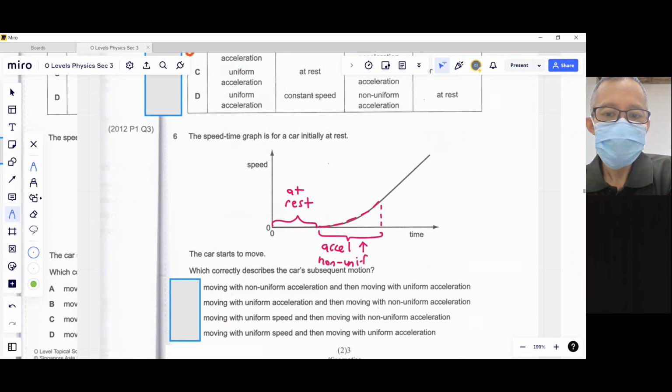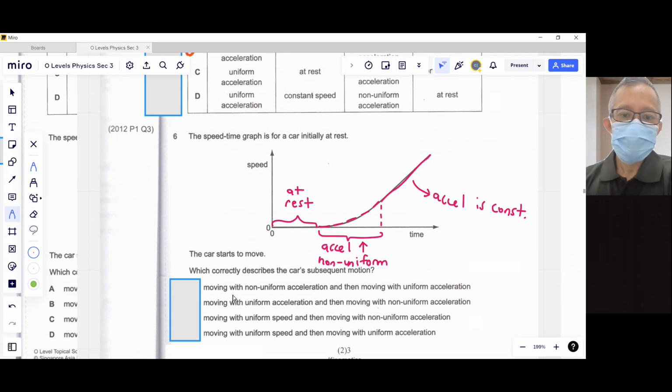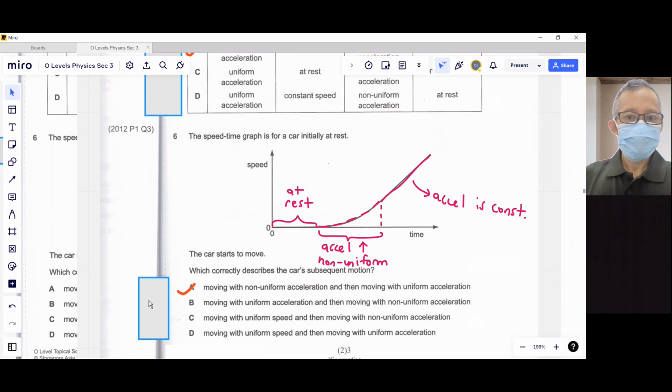And finally, the last portion is a straight line, and that tells you acceleration is constant or uniform. So by now, I hope you know your answer. The answer did not mention at rest, so the best option is A already.